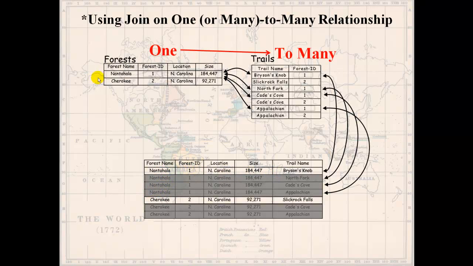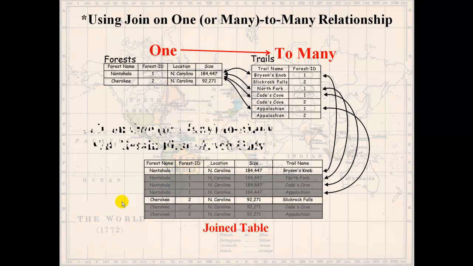So this time it'll say Nantahala, it'll find Bryson's Knob, it'll make that join table, but it won't see North Fork, Cades Cove, or Appalachian, so those won't make it into the final table. So if you use one-to-many or many-to-many, you're going to get the first match only and your table isn't going to come out right.